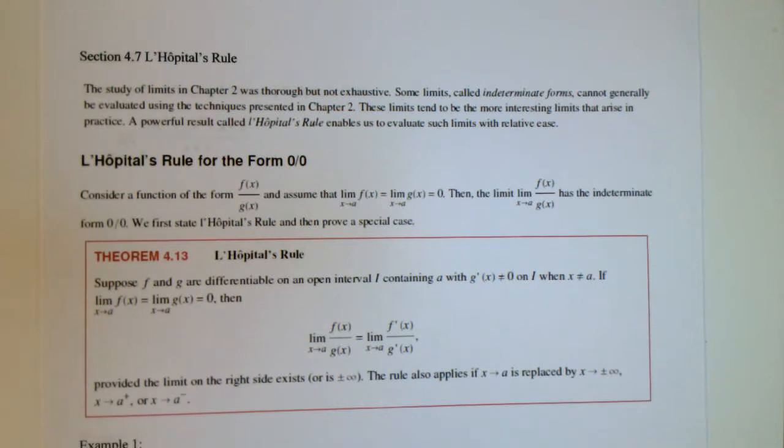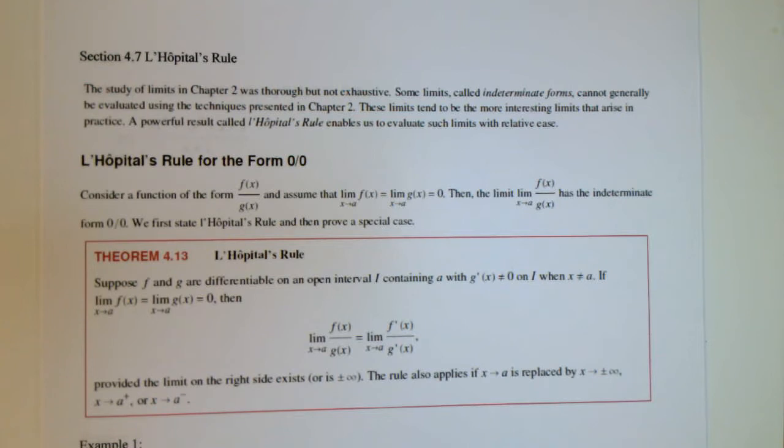So let's say I want to consider a function of the form f of x divided by g of x, and assume that the limit as x approaches some value a of f of x and the limit as x approaches a of g of x is equal to 0. Then that means that the limit as x approaches a of f of x divided by g of x has an indeterminate form of 0 over 0.